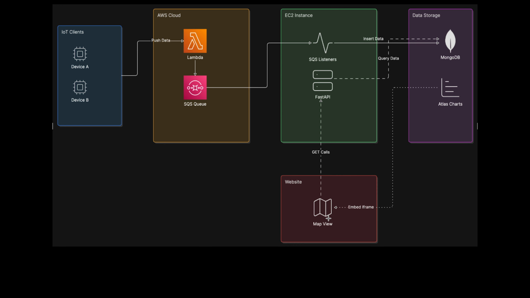And finally, a specific page which is unique to each location, which shows you the chart for AQI of that location, as well as showing you the entire address of the location, how many devices are at that location, the last AQI, and when it was last updated. So again, to get all of that information, it's making some GET calls to the FastAPI, which then queries MongoDB. And to get the iframe, it is getting that directly from MongoDB Atlas charts.